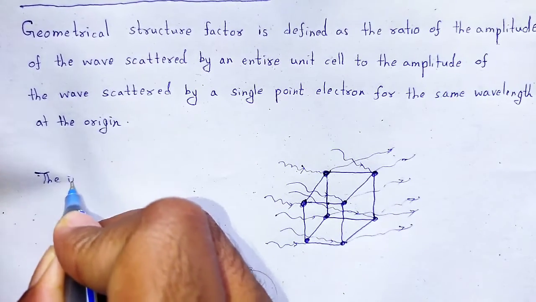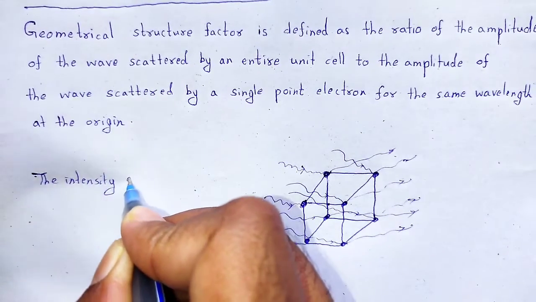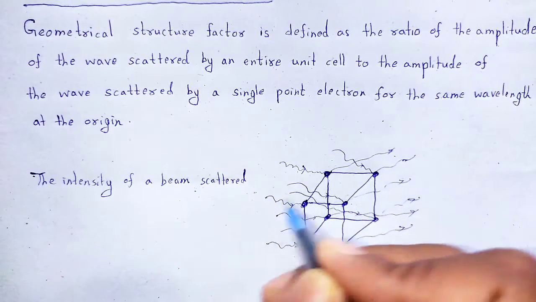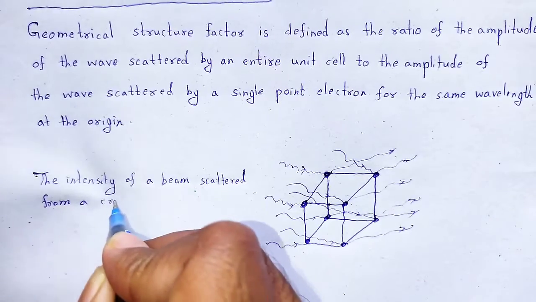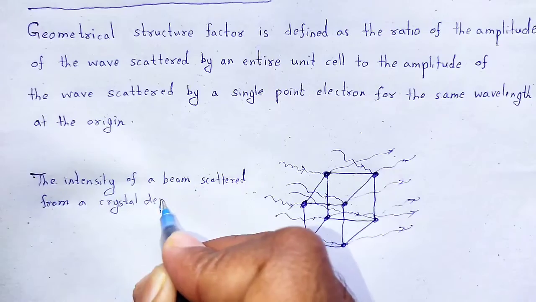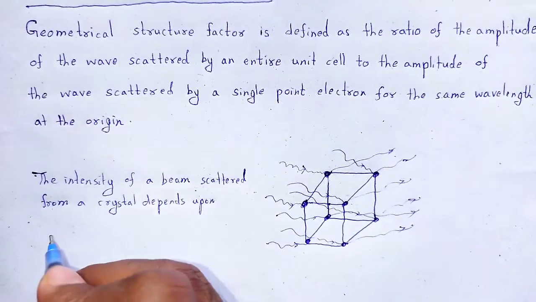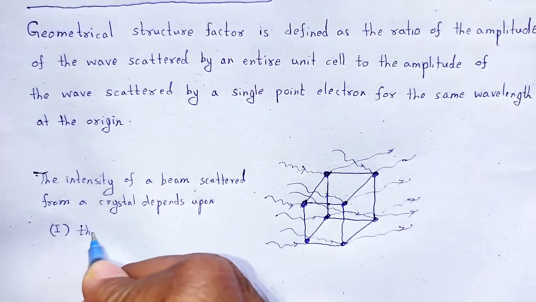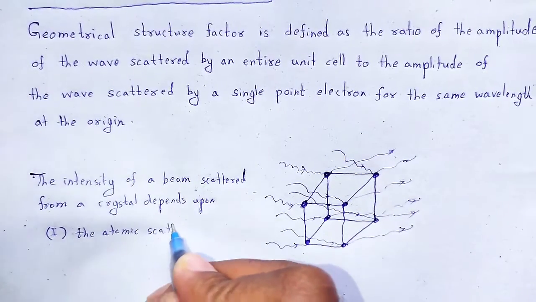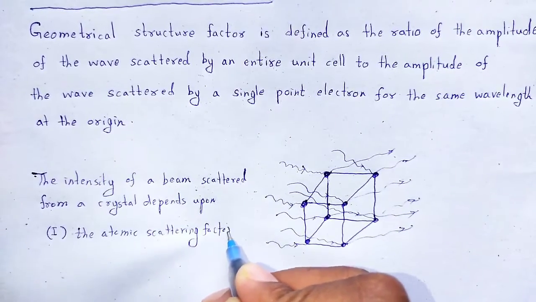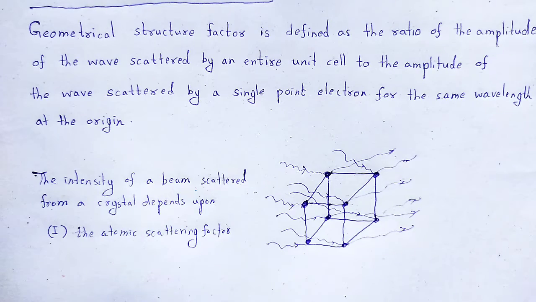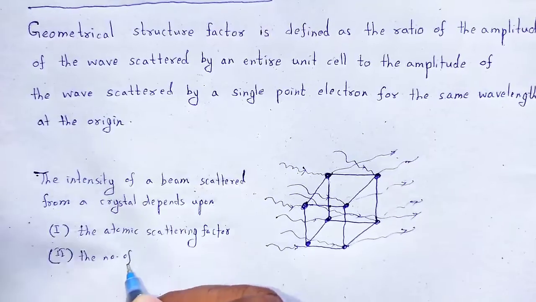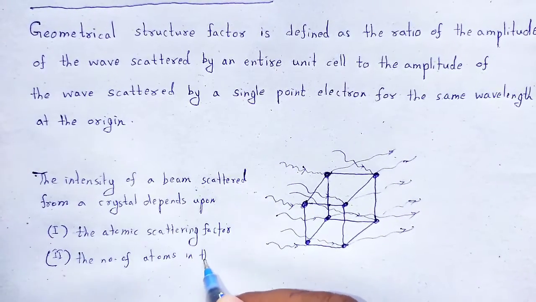The intensity of a scattered beam from a crystal depends upon the atomic scattering factor, as we have already discussed in the previous video, and also the number of atoms in the unit cell.